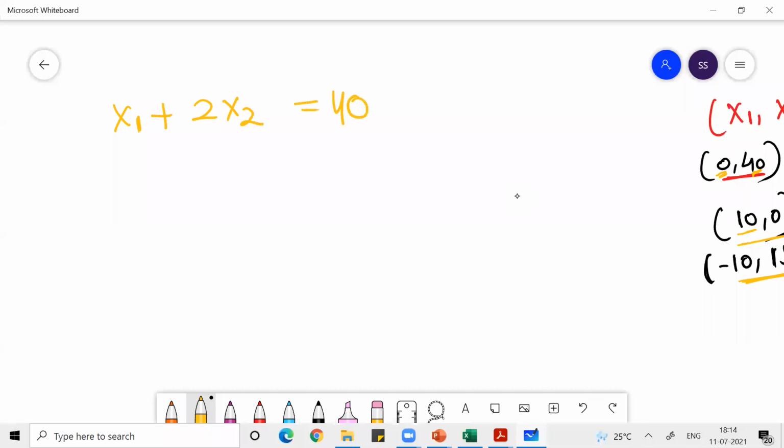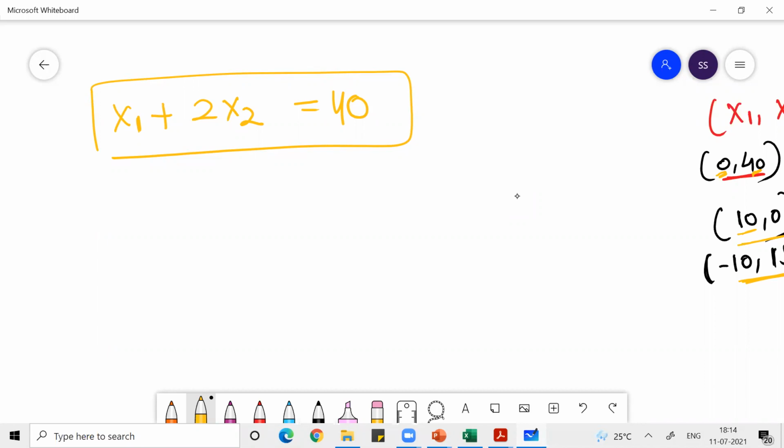Suppose this is the equation, x1 plus 2x2 is equal to 40. Whenever you have a linear equation with two, three or four variables, it doesn't matter.